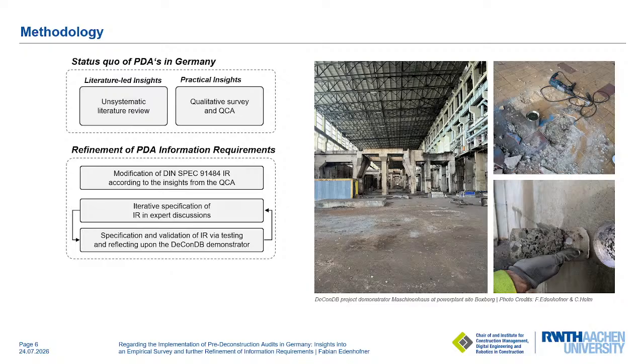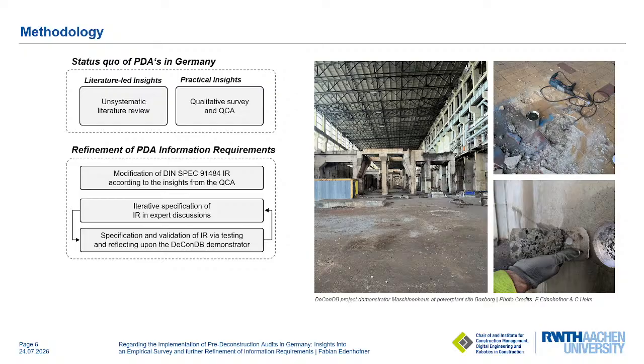It's the former machine house at the power plant site Boxberg near the Polish border. It's a 500-meter long building with a lot of potential for subsequent usage. Maybe not that much reuse, but maybe more recycling, but still possible scenarios for subsequent usage. You can also see a few pictures of us taking samples.